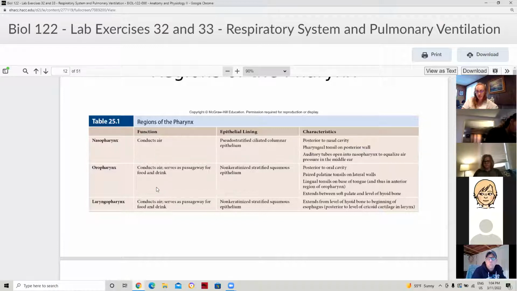Oropharynx conducts the air, serves as a passageway for food and drink. You guys, if you didn't have me last semester, let me spend a minute longer with the auditory tubes. So this is a hole that's linked from your middle ear into your nose and throat. This is one of those main reasons why ear, nose, and throat doctors are around, because they're very highly interrelated.